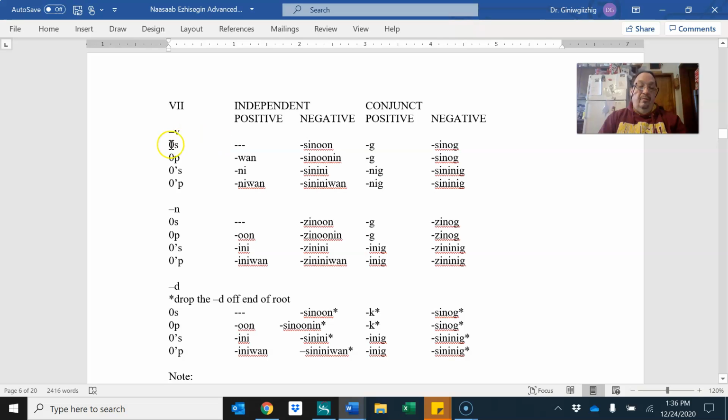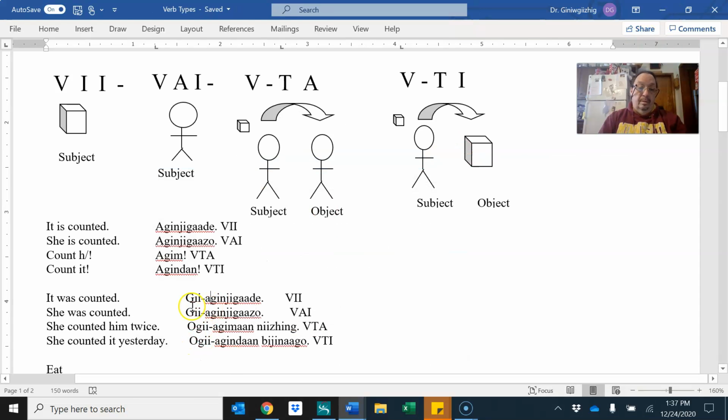All right, VII, it. They use 0 for it, singular. It says don't put anything, don't add any of these affixes. Just use the root word by itself. So that's what I did, but I needed a tense marker, so I stuck a tense marker on there. It was counted. She was counted.